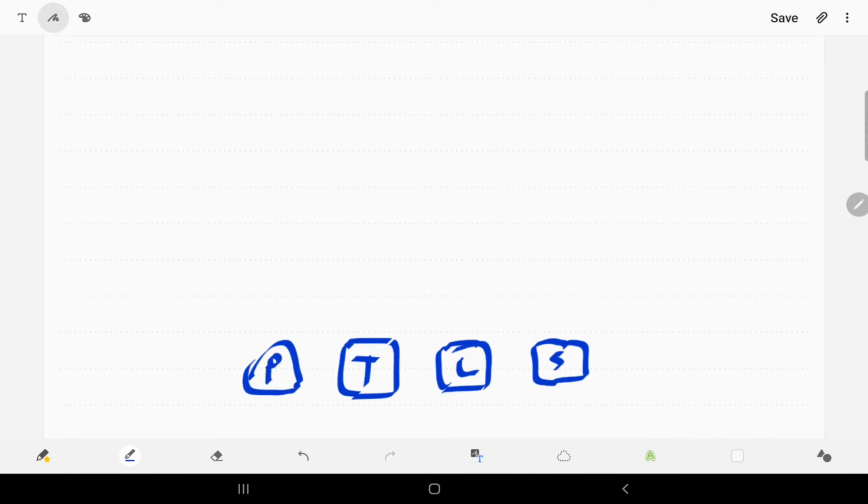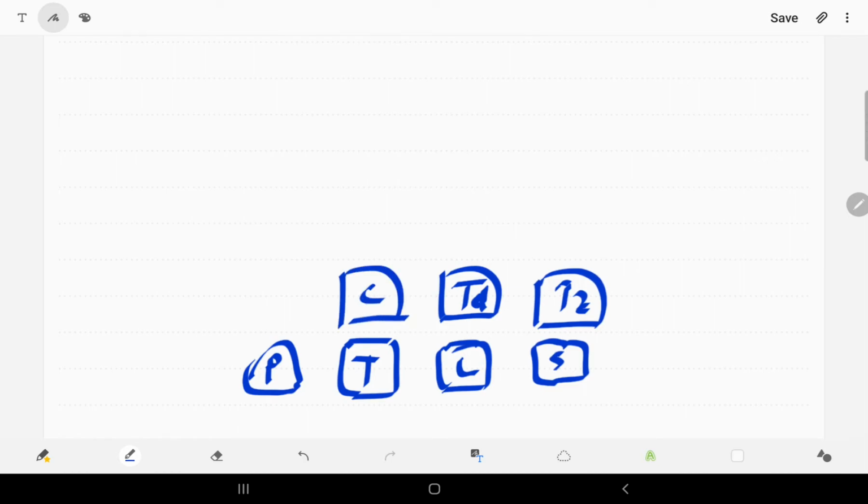This is the first row, and then there is your trapezium, then trapezoid, then capitate, and then hamate, second row.